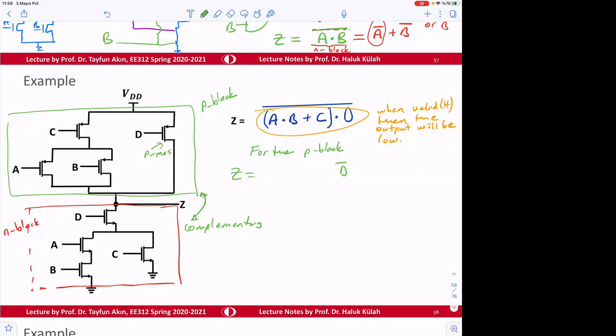Okay, D bar or C bar and A bar or B bar.